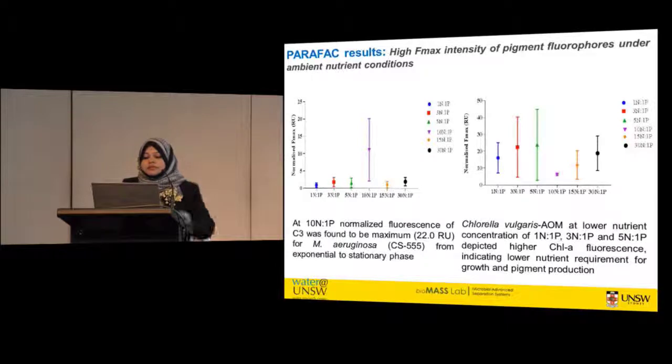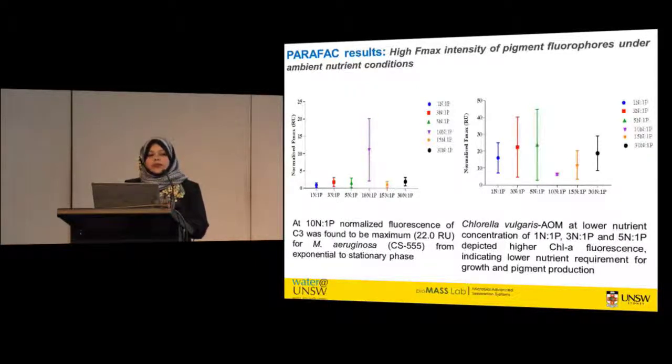So for the pigment fluorescence, we saw that there was a higher release of pigments under nutrient conditions. So it's a complement, saying that there are enough nutrients for the cells to grow, and that's why the pigment concentration is increasing. As far as the lower concentrations, we see the pigment fluorescence is quite low. And also when we were growing the cultures, we saw that there was a marked difference in the color of the media.